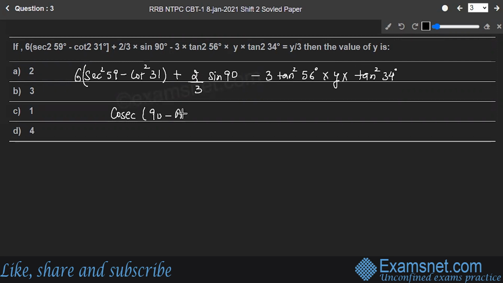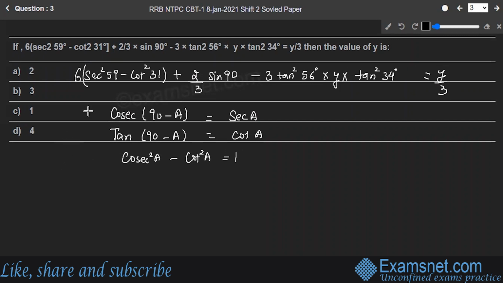One thing, let's note down some trigonometric ratios of complementary angles. Cosecant of 90 minus A is given by secant A. Similarly, tangent of 90 minus A is equal to cotangent A. One more, cosecant square A minus cotangent square A is equal to 1. So this whole was equal to y by 3. Let's go back to the question.